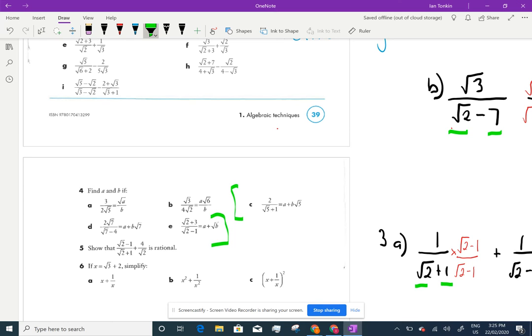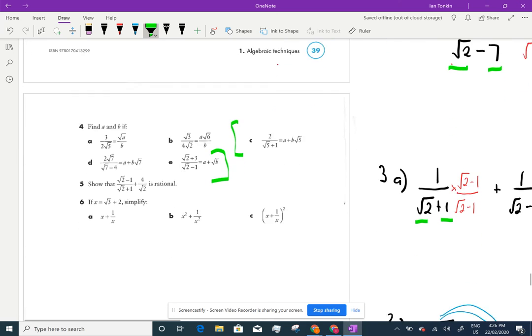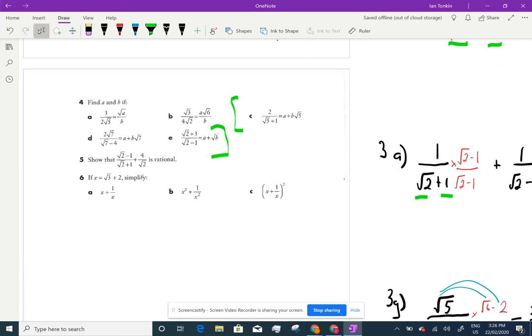These are the important ones because that's how they tend to ask them in the HSC. So I'm going to do C and E. You make sure you do D. You should try and have a go at them yourself, but I'm going to do them here so you can go away, try them, and then come back and have a look.